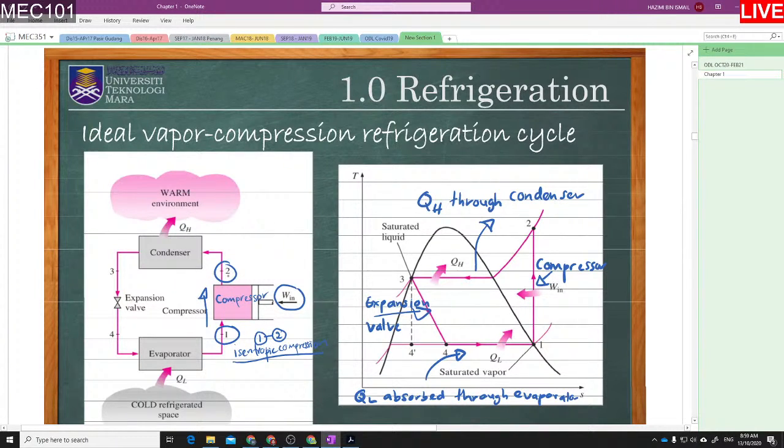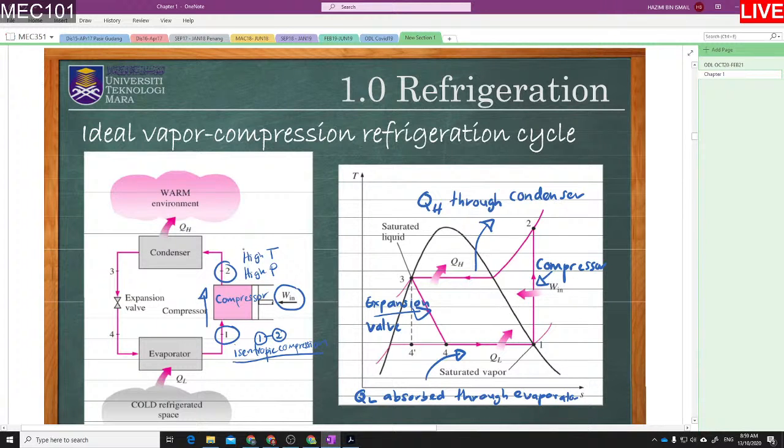Okay, from state 2, it has high energy, or high temperature and also high pressure. So what they do is pass the working fluid through the hose or tube, through the condenser.